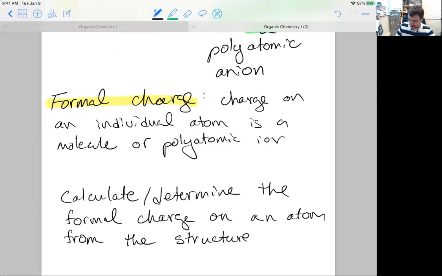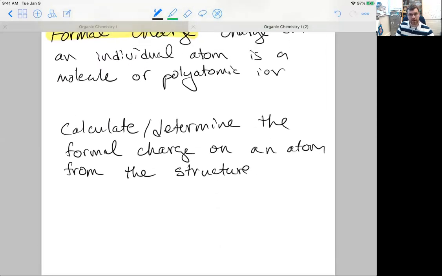So let's say instead of a collection of atoms and extra electrons, I hand you a molecule and I say calculate the formal charge. Can we do that? I'm going to hand us back this same molecule, carbonate, CO3 -2.